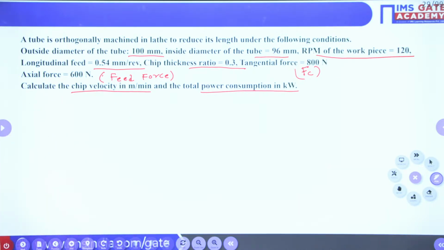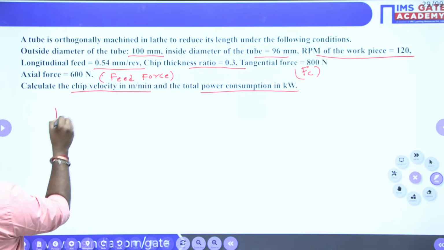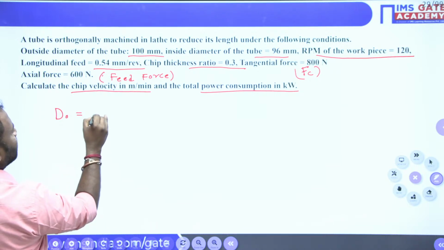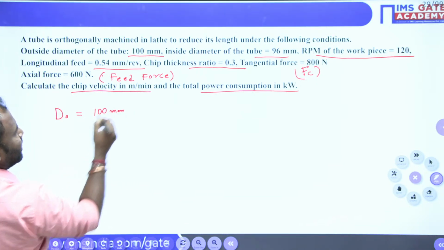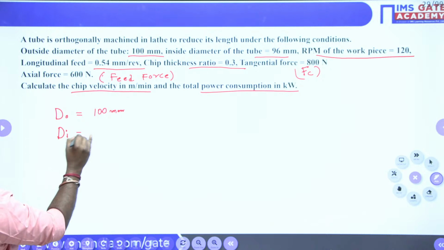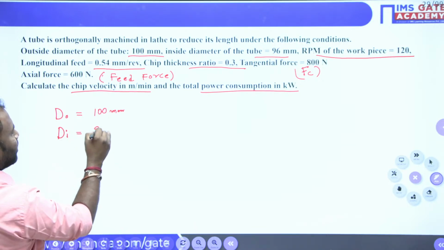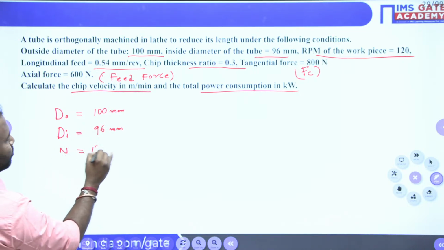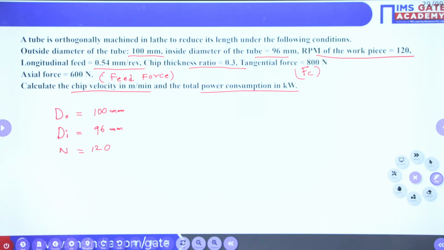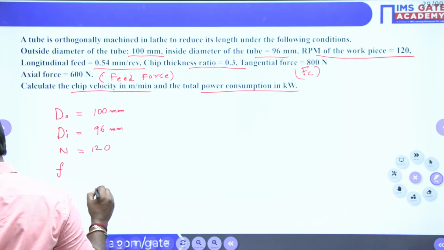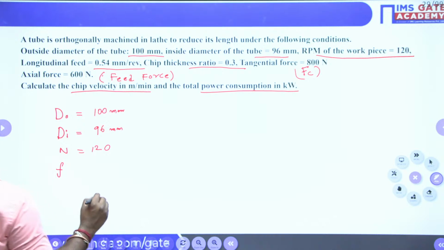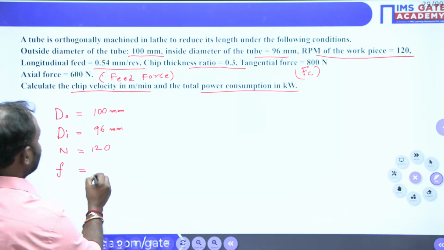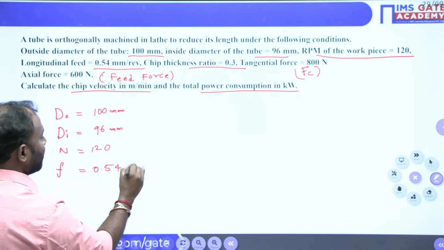Right, let me write the given data. Outside diameter D naught is 100 mm. Inside diameter Di is 96 mm. N is 120 RPM. Longitudinal feed F is 0.54 mm per revolution.